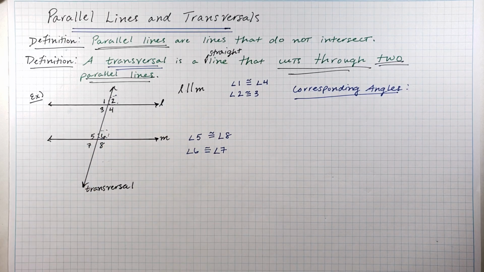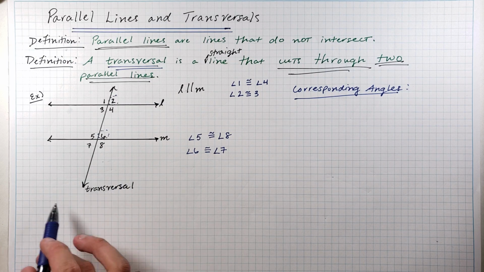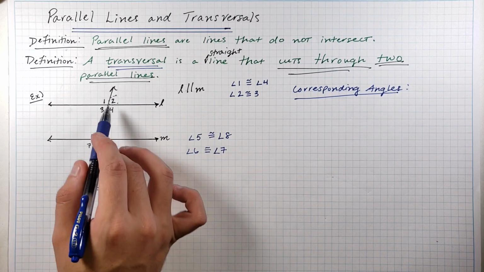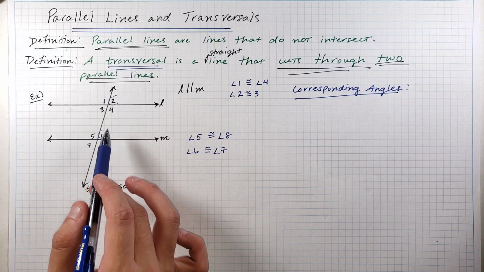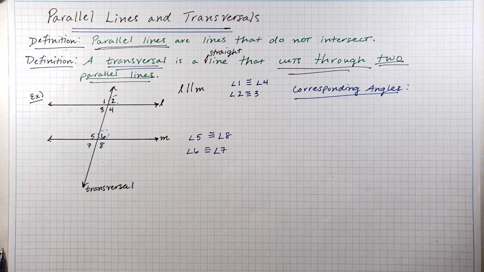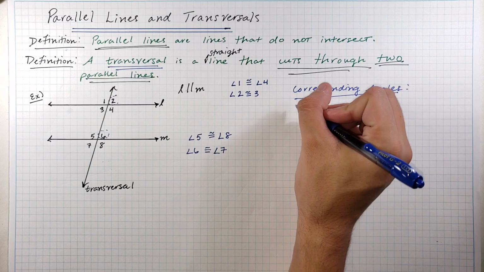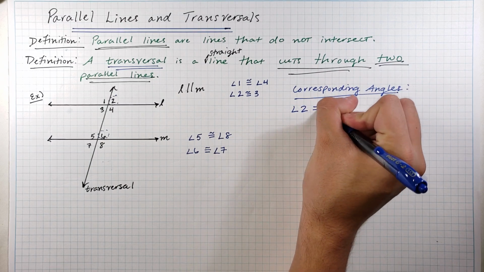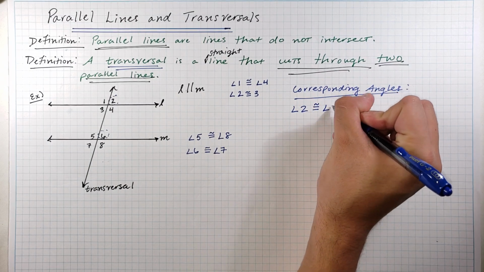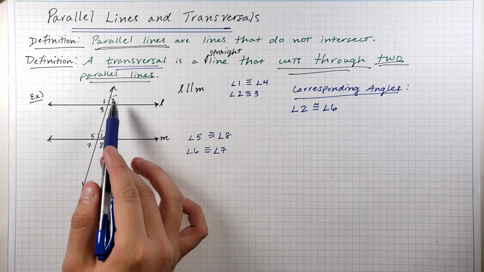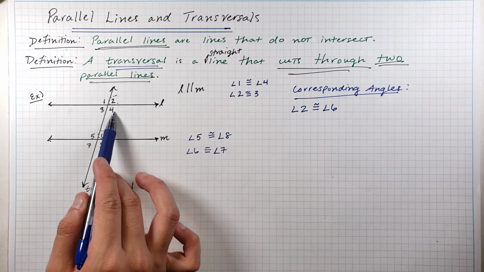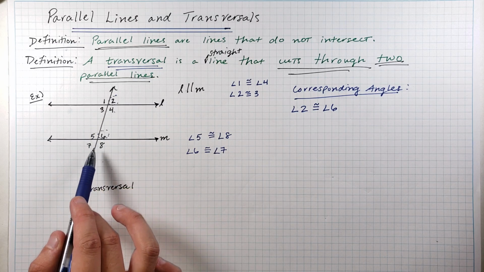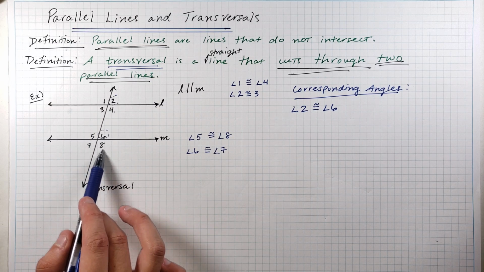And what's actually interesting about that is because we have a transversal going through this, and because these lines are parallel, angle 2 is actually congruent to angle 6. All right, so what we can write is angle 2 is congruent to angle 6. And not only is angle 2 congruent to angle 6, but angle 4, which is in the bottom right, is congruent to the one that's in the bottom right also.